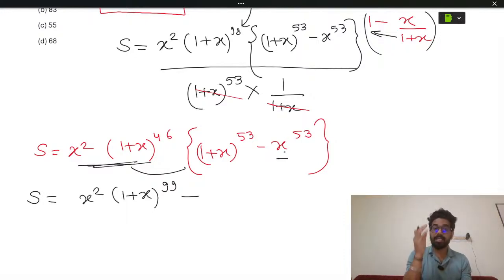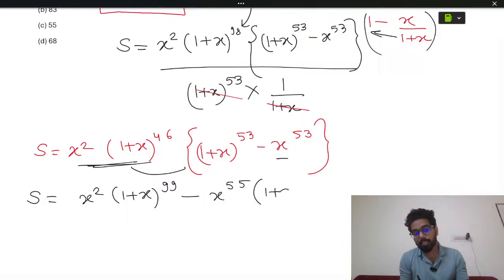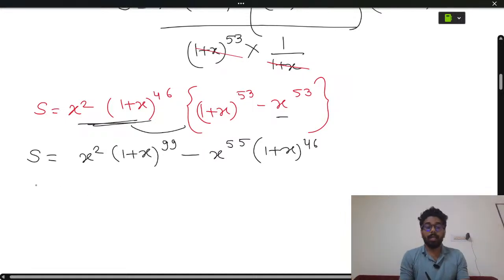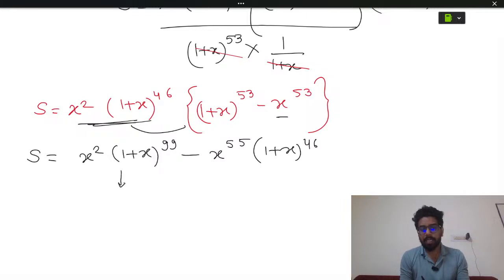Each term of every factor is multiplied with a term of the other factor. This multiplied by this will become x power 55 (1 plus x) power 46. Now, here I wanted to check what is the coefficient of x power 70. So, from here I will try to get the coefficient of x power 70. But from here I will take the coefficient of x power 68. Coefficient of x power 68.